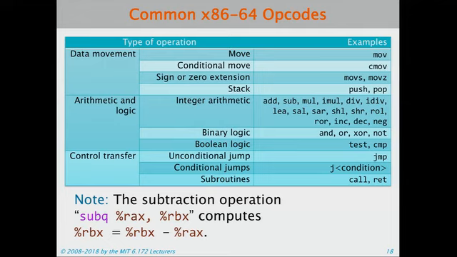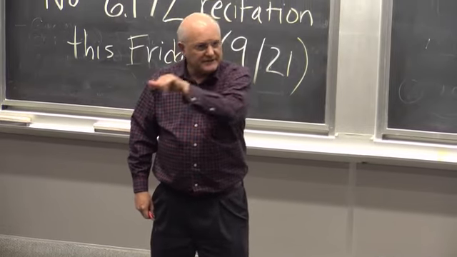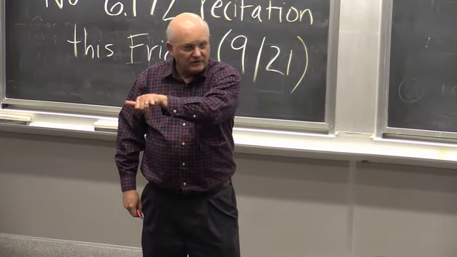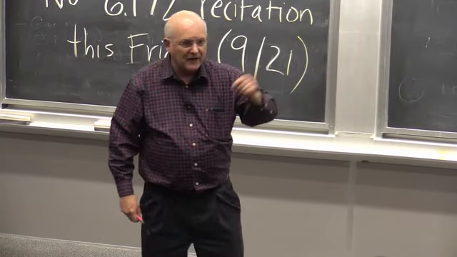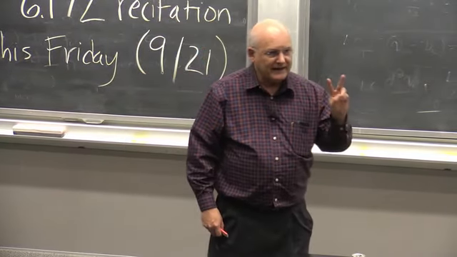Then you can extend the sign. So for example, suppose you're moving from a 32-bit value register into a 64-bit register. Then the question is, what happens to the high order bits? There are two basic mechanisms that can be used.